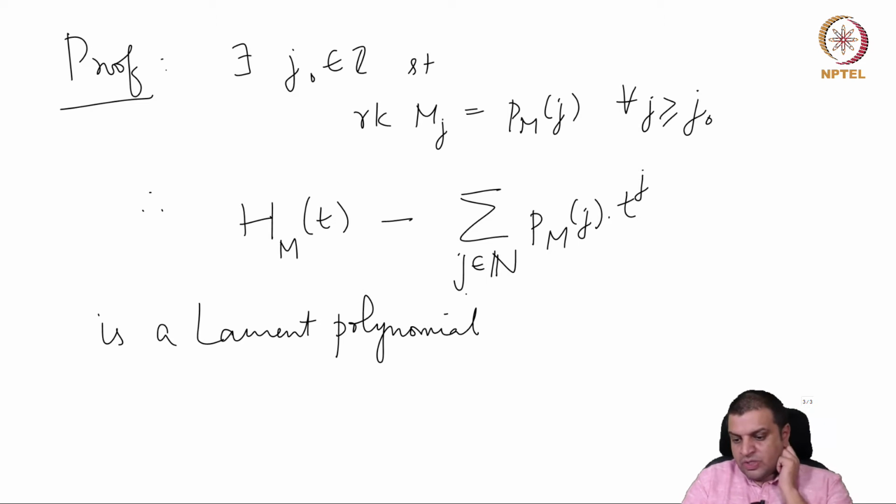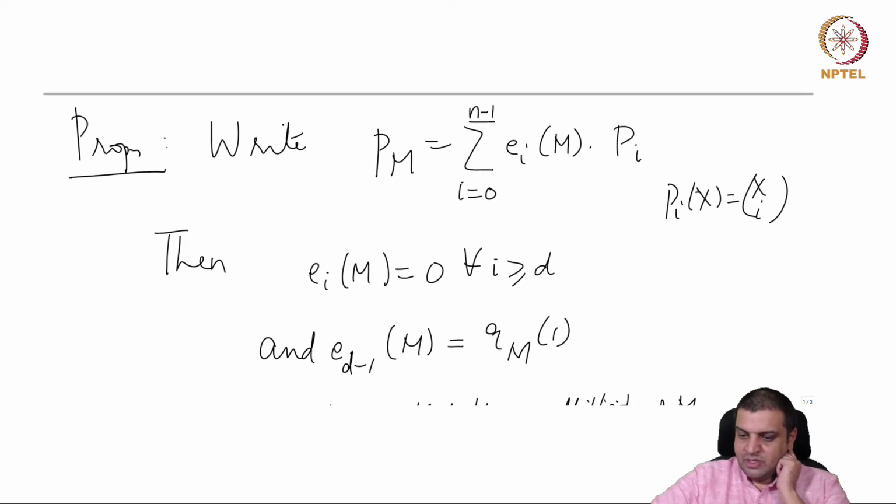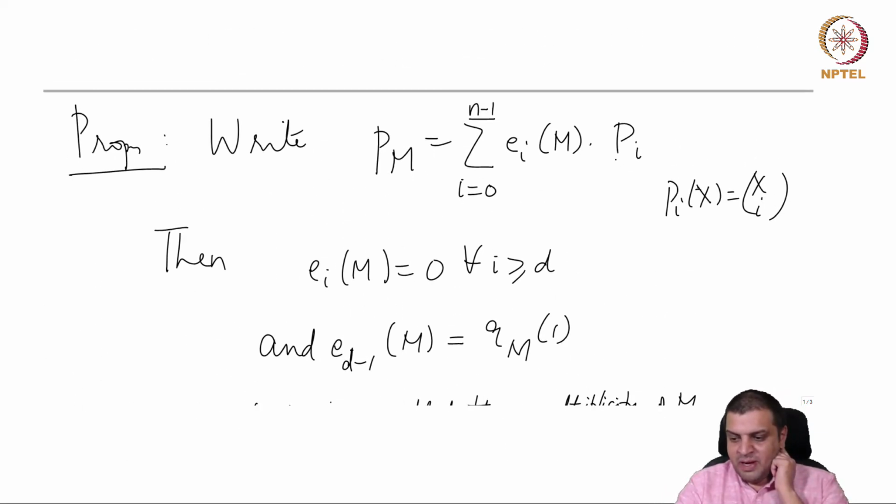We want to restrict this to the non-negative part, because if we work out the value of Pm(j), that will depend on the value of this binomial polynomial pi, and it is 0 for some short interval 0, -1 and so on. After that it becomes non-zero.